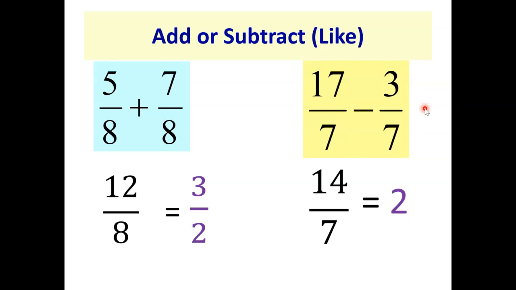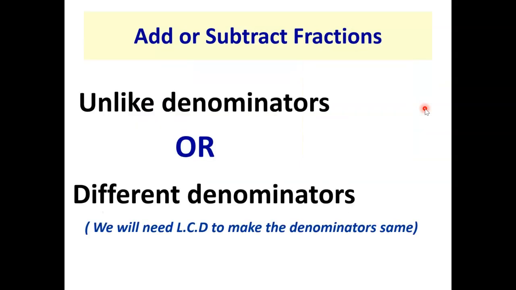Before I go and do unlike problems, I would like to go over how to find the LCD first. So we will first learn how to find the LCD in order to make the denominators same. Different denominators cannot be added or subtracted unless they are same denominators. To do that, you will require LCD, which is the least common denominator.